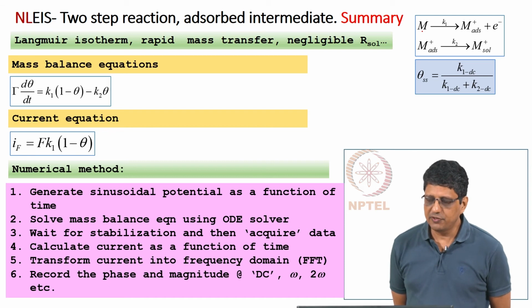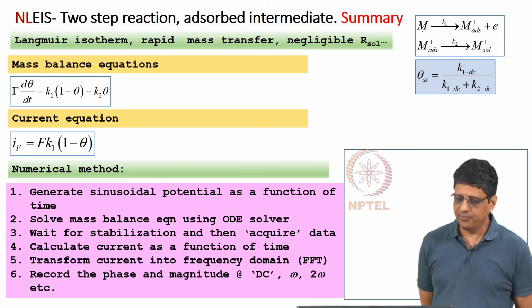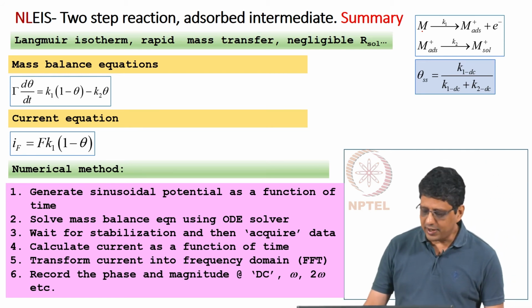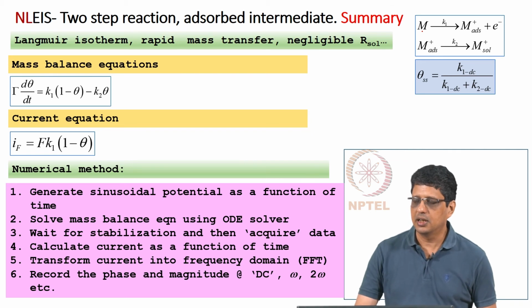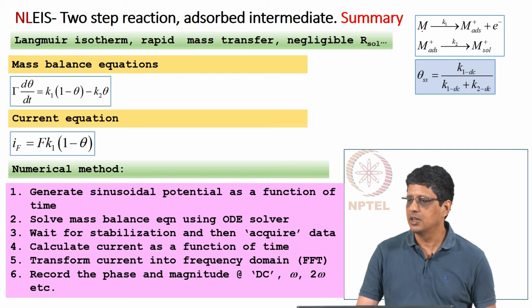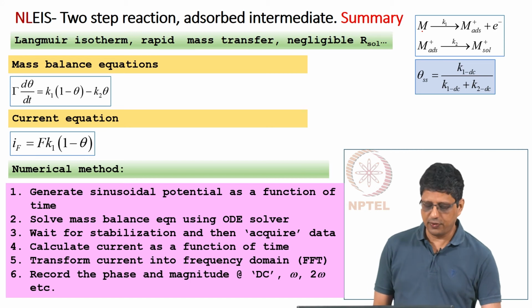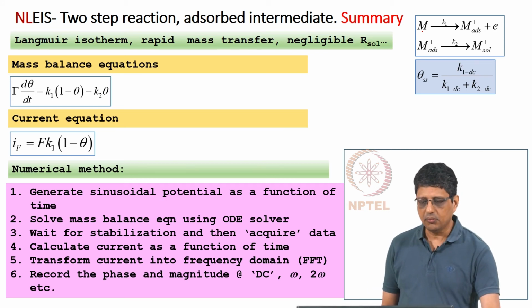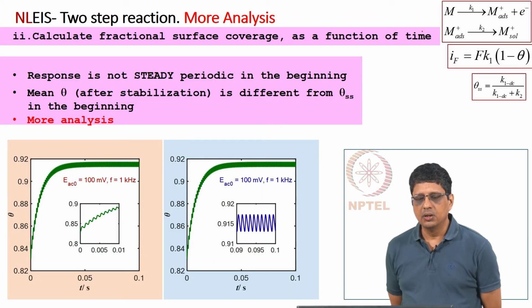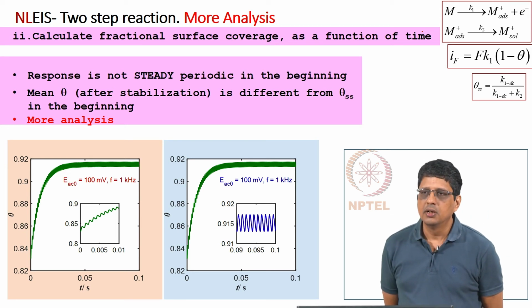Once you have waited for sufficient time and start recording the data, save the current data as a function of time, subject that to Fourier transform and record the values at DC, record the response at fundamental, response at higher harmonics, both the magnitude and phase, and then you can calculate the impedance. You can plot the current response at any harmonic as a function of frequency in Bode plots. So, we saw that it takes some time to stabilize.